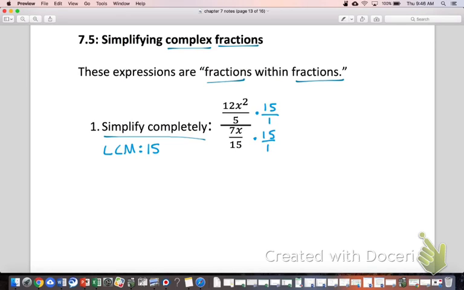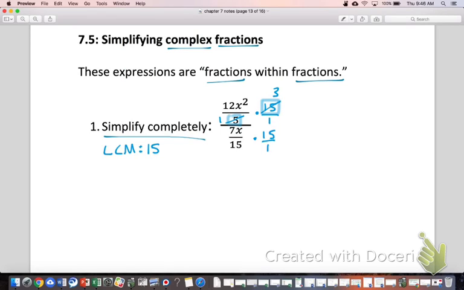So that's all I'm doing. I'm just multiplying the top by 15 and the bottom by 15. And let's think about what's going to happen here. When we've multiplied these rational expressions in the past, we've tried to simplify them. Do you guys see how the 15 and the 5 will reduce? How will they reduce? 3.